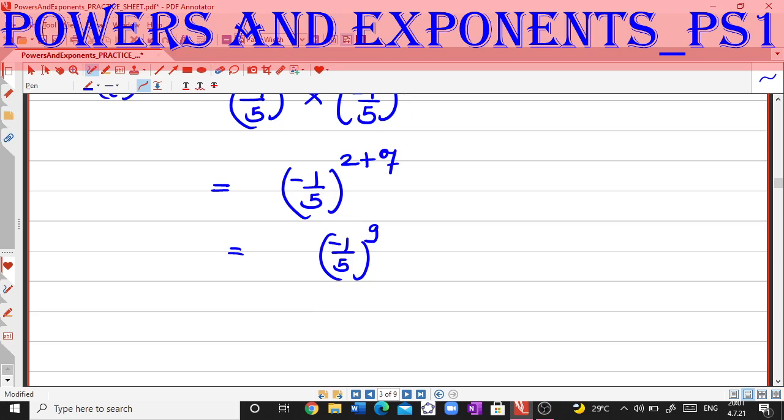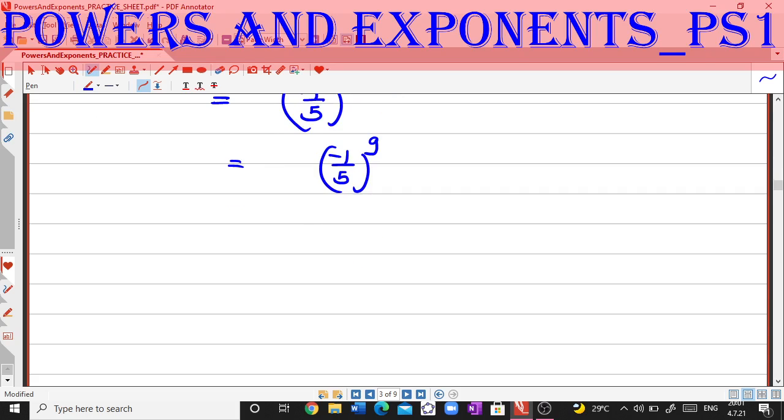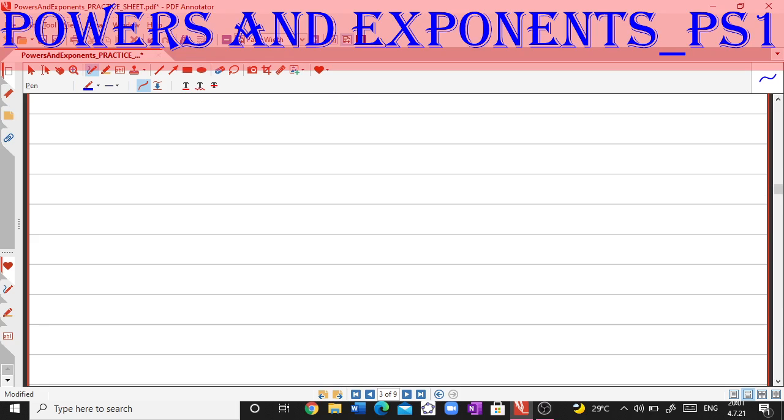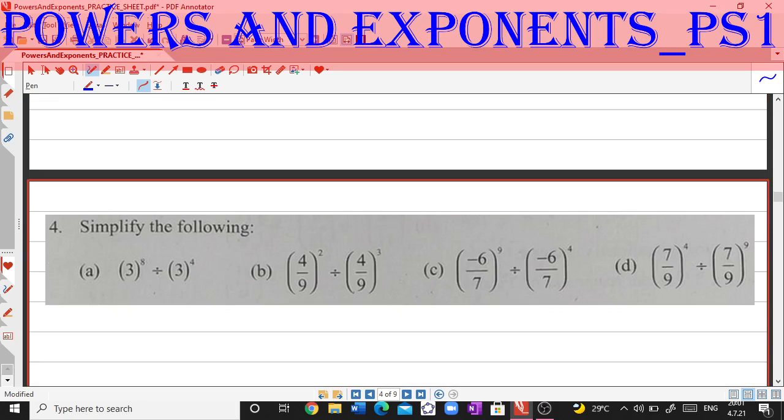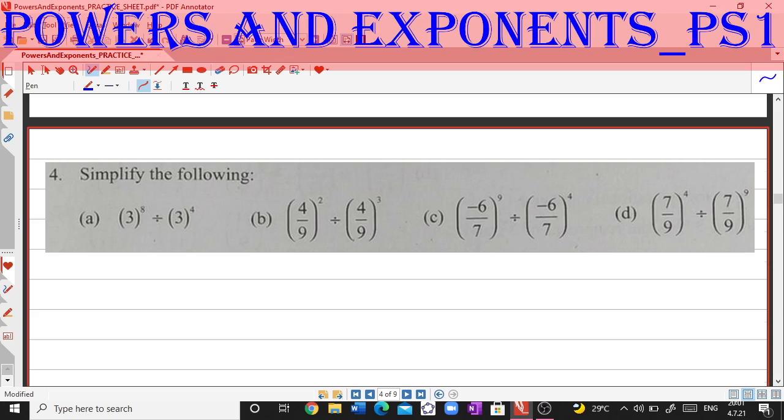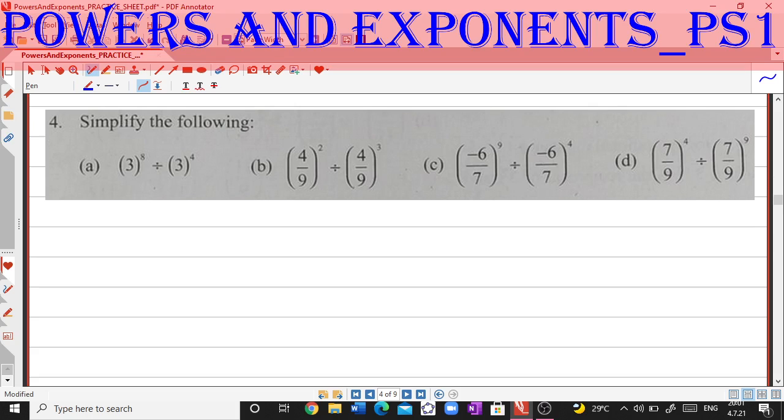Now over to the next question based on the next rule. Yes, here it is. Simplify the following. Now here the base is same, powers are different, and operation is to divide.